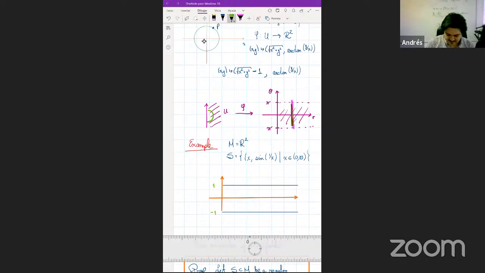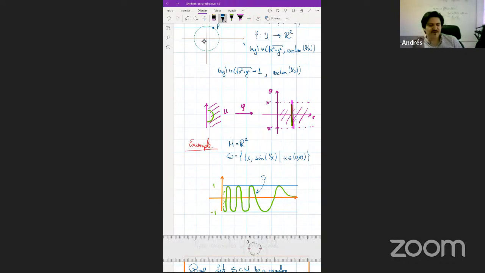And then you come like this. As you approach the y-axis, it fluctuates more, goes all the way up to 0 and 1. Okay.